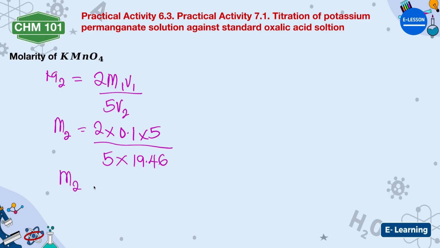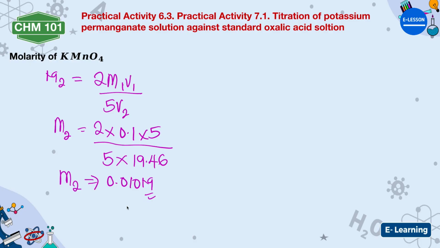Now, my dear students, when you punch this in your calculator, 2 times 0.1 times 5 divided by 5 times 19.46, what are you going to have? It gave us approximately 0.010 molar. All right, so that is our M2, my dear students, 0.01 molar. Is that okay? 0.01 molar.